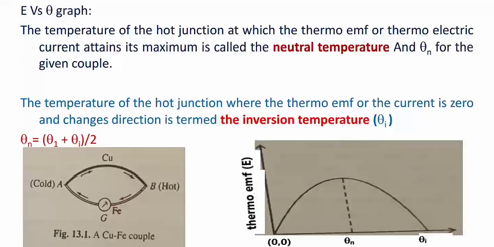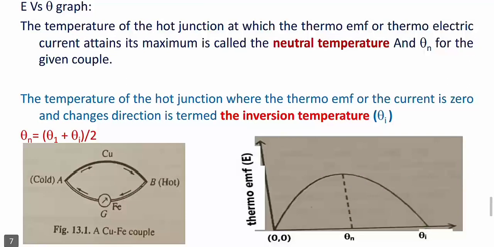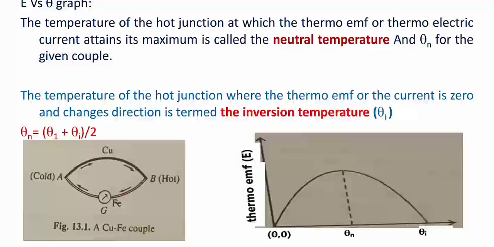Now if we draw the E versus theta graph, this is a semi-elliptical graph. From this you observe the thermo EMF from the origin 0 point, and theta n is another point, and theta i is another point. Theta n is called the neutral temperature and theta i is called the inversion temperature. So what is neutral temperature and what is inversion temperature?